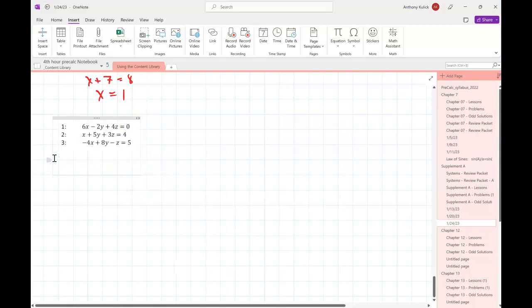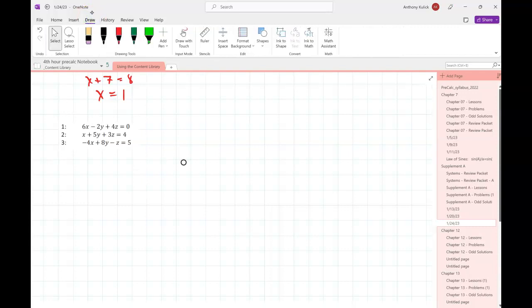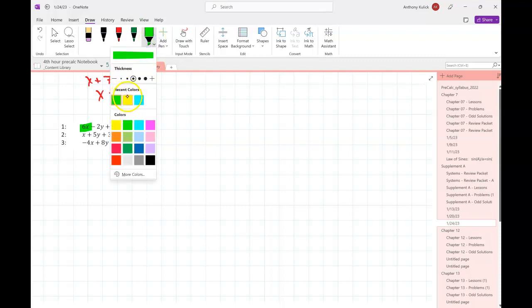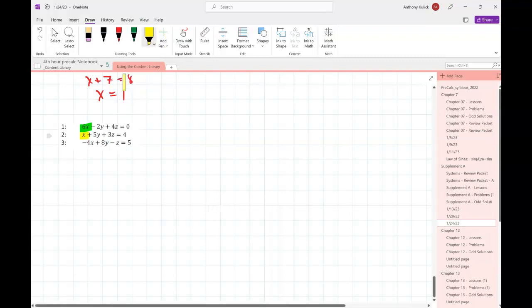So let's say we want to take this system and get it in the triangular form. The first step is I need, in equation 1, the first variable to have a coefficient of 1. Right now it's a coefficient of 6. What do you notice though? Look at equation 2. The first variable in equation 2 has a coefficient of 1.